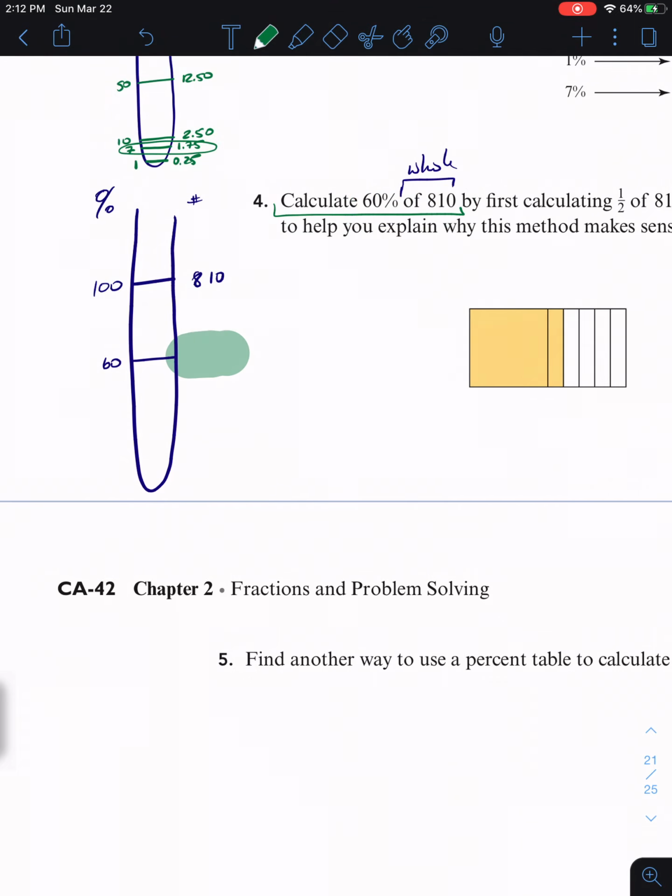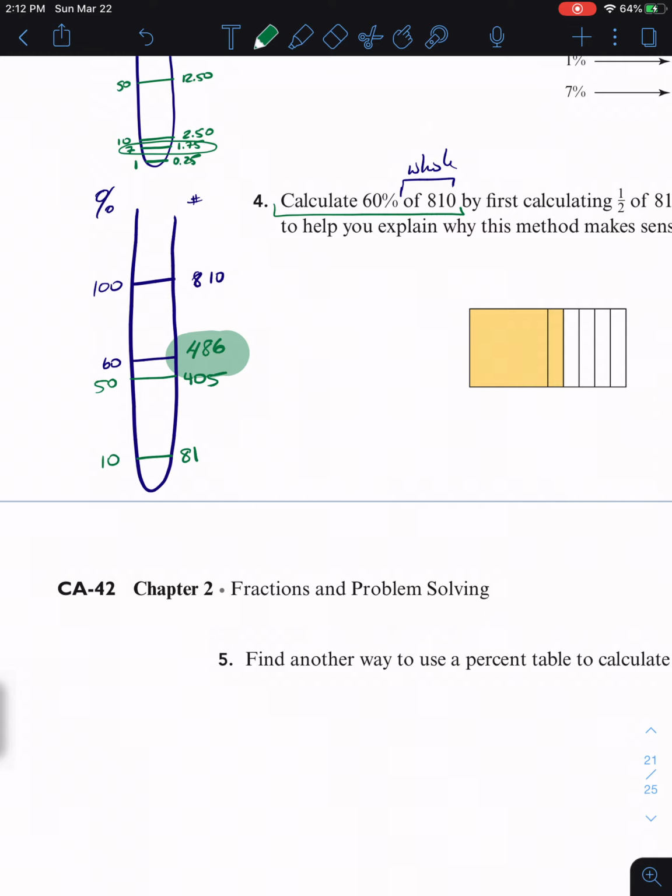All right, so we can find 10%? 10% is 81. Could we find 50%? 50% is 405. So what is 60%? Well, 60% is 50 and 10, so 60% should be equivalent to 486.